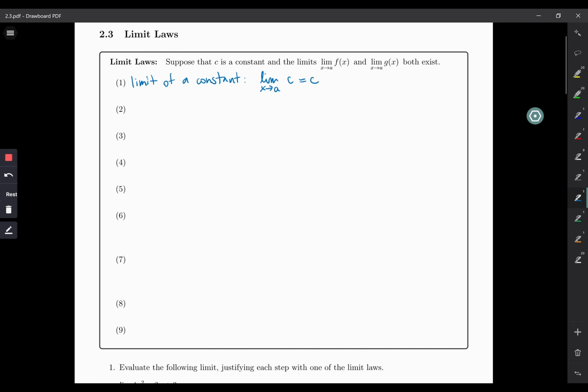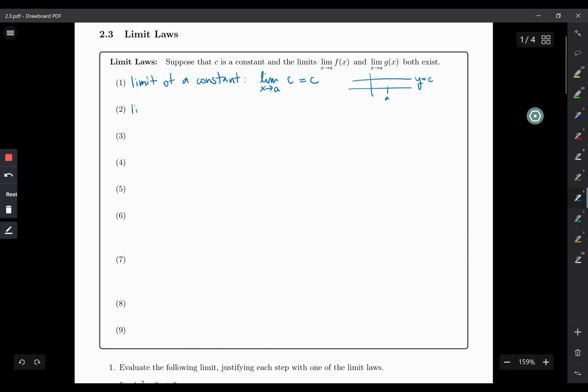And you can see this by thinking about, say we had the function f of x equals c, or here I'll write y equals c. Your function is just a horizontal line, and no matter what a is, you can see that the function value is always going to approach c because it's always c in the entire domain.